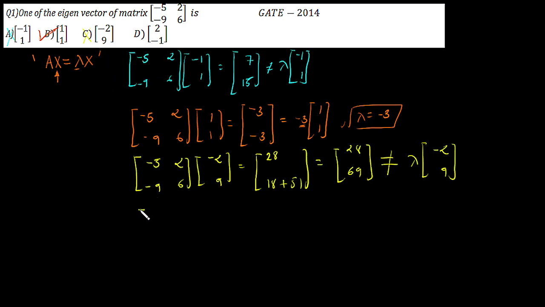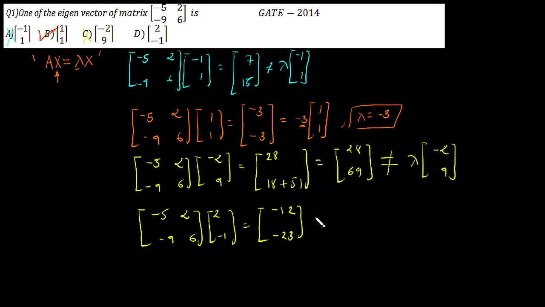Now in the same way you can say for option D. Let's do the multiplication. So minus 10, minus 2, minus 12, here minus 18 and minus 6, so minus 23.